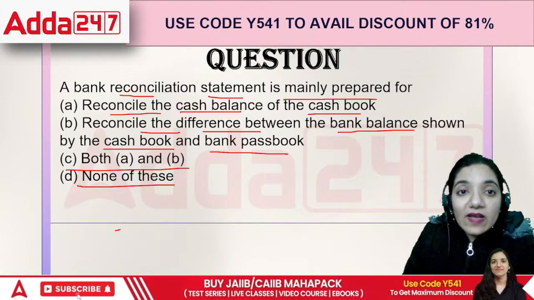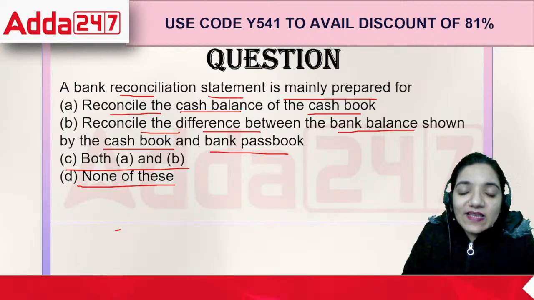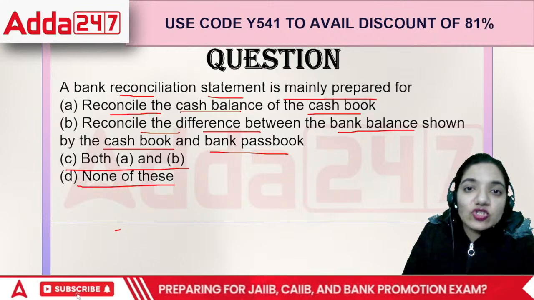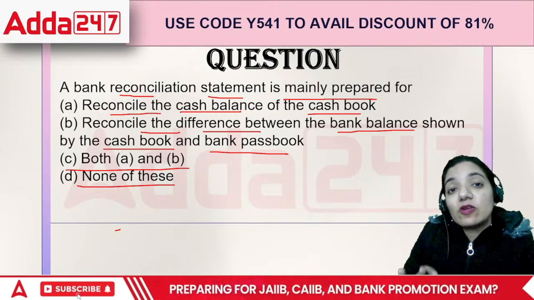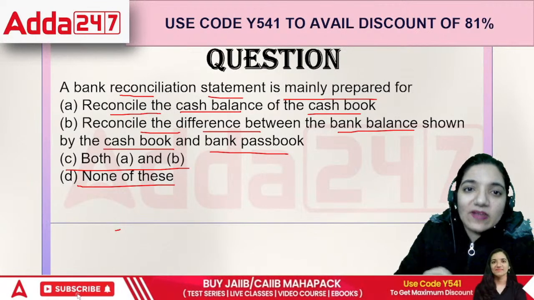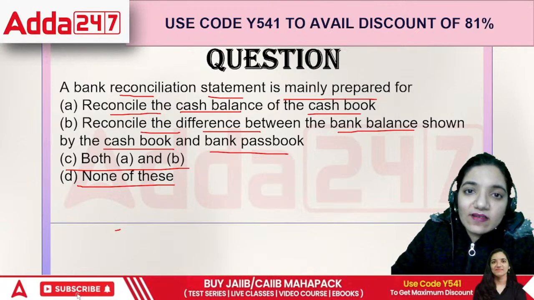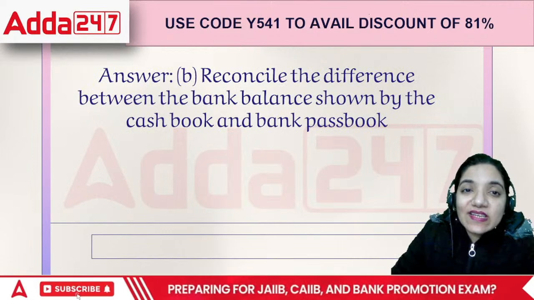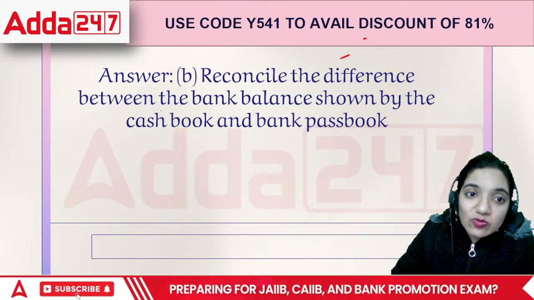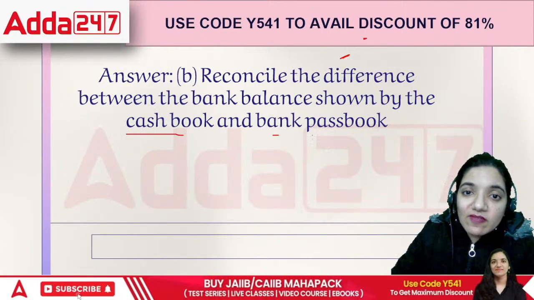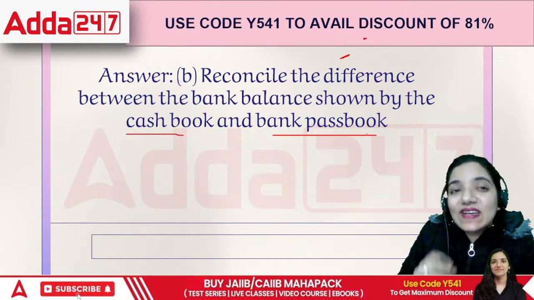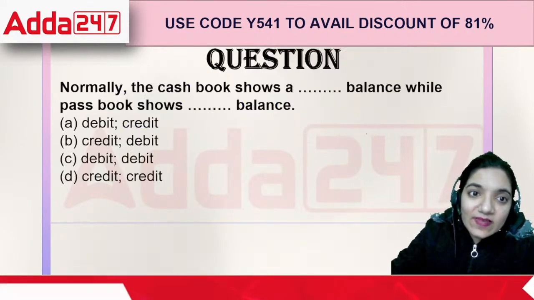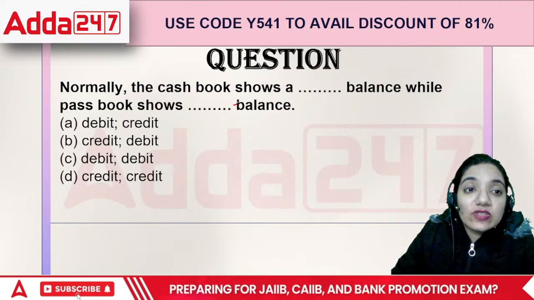If we talk about the BRS now, BRS is basically a statement which shows the reconciliation between the cash book and the passbook. So it's basically the difference which is coming up between these two. So it is basically B. Both the cash book and the passbook are kept together and we are trying to find where exactly it is not matching.